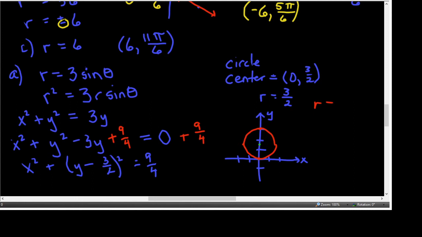Whenever you see r equals a sine theta, this will be a circle, and its center will be on the y-axis.